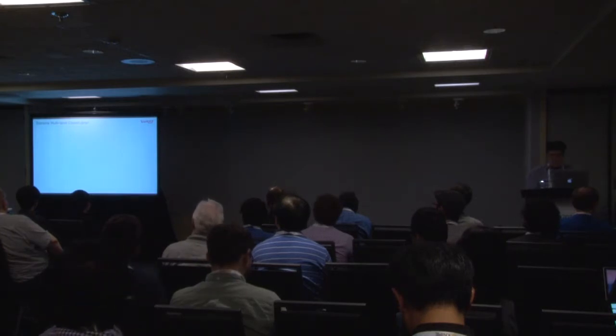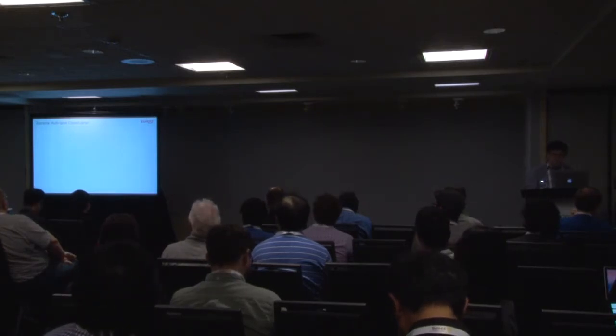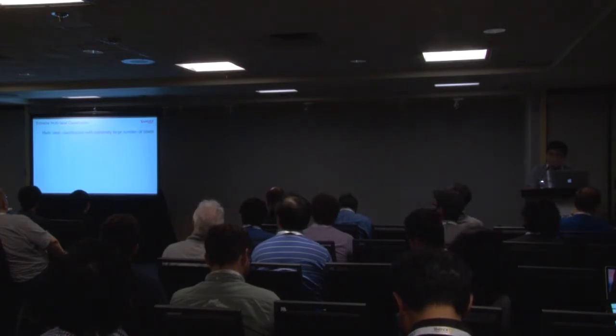Next, we introduce extreme multi-label classification. This is a multi-label classification with an extremely large number of labels and has recently been receiving much attention. In this work, we tackle problems with 10,000 to 1 million labels.